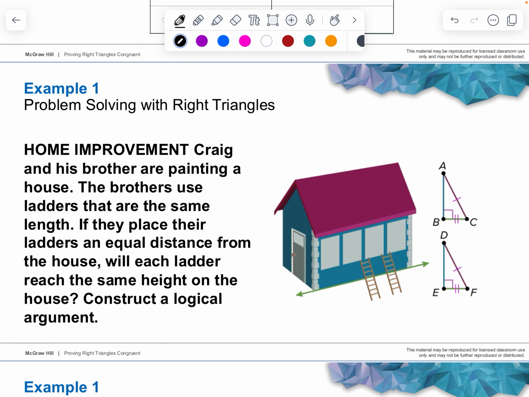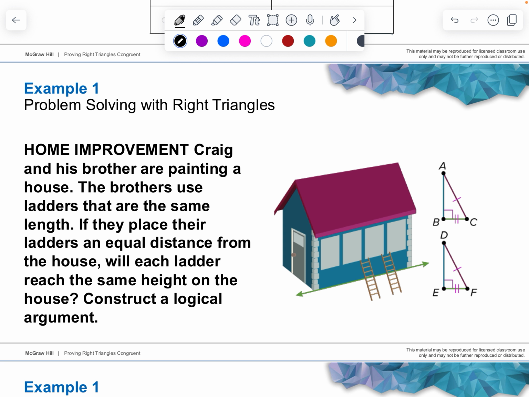So let's try this. I'm going to go down here. And this is a walkthrough that you are filling in the blanks in yours. This says Craig and his brother are painting a house. The brothers use ladders that are the same length, and they place their ladders in equal distance from the house. Will each ladder reach the same height on the house? Construct a logical argument.